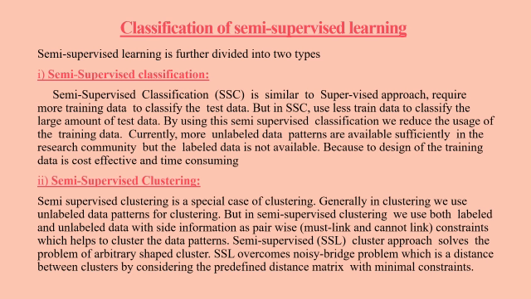Generally, in clustering, we use unlabeled data patterns. But in semi-supervised clustering, we use both labeled and unlabeled data with side information as pairwise constraints, which helps to cluster the data patterns. This approach solves the problem of arbitrary shaped clusters.